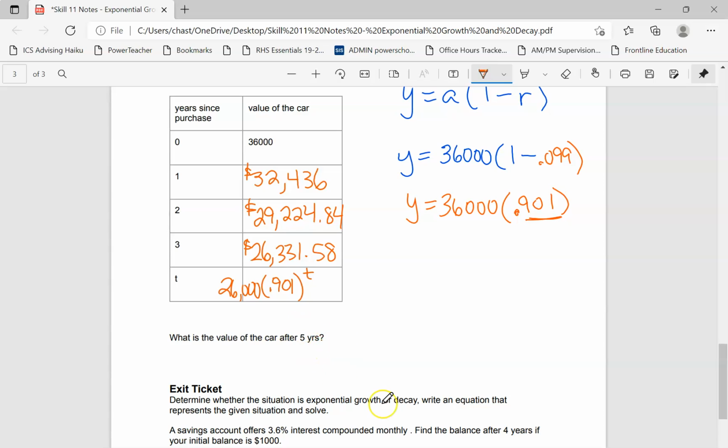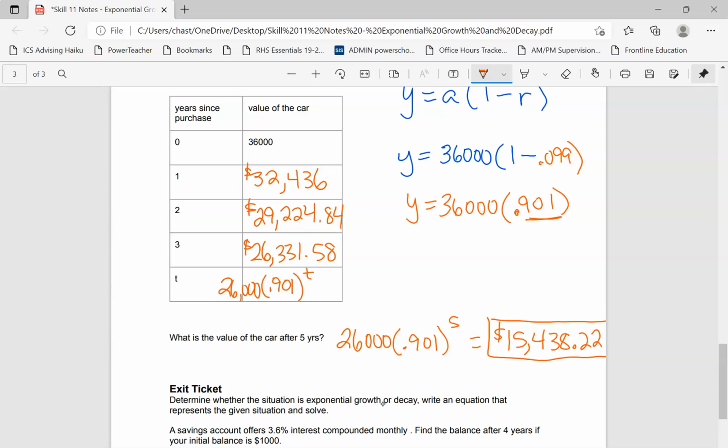So what's the value after 5 years? Well, I would just do 36,000 times 0.901 to the 5th power. Use your calculator to figure that out and then multiply. Looks like it would be worth $15,438.22.